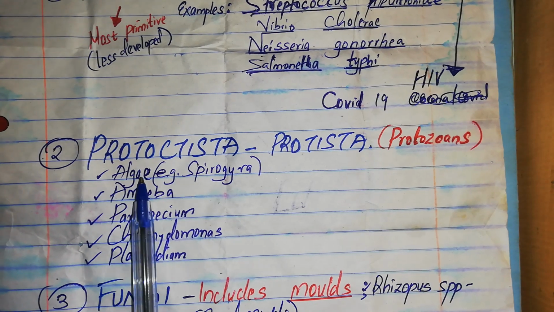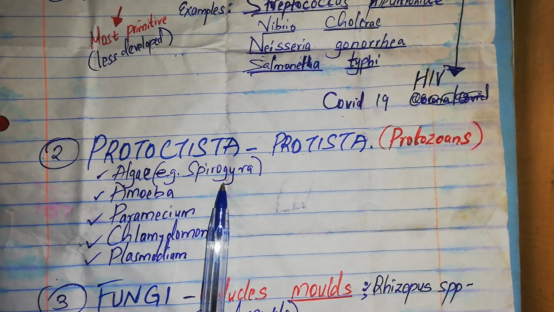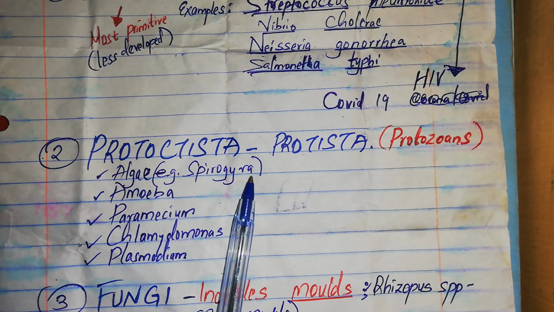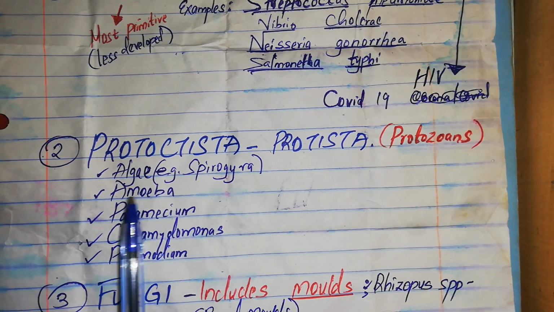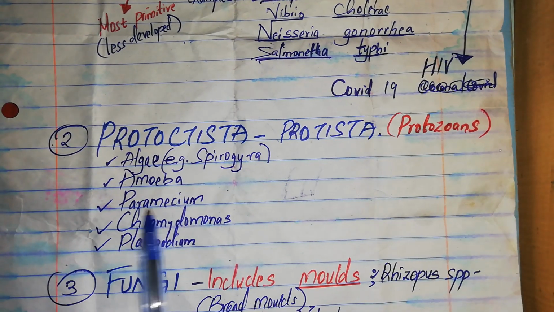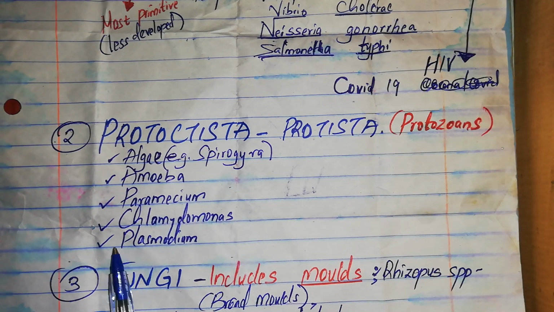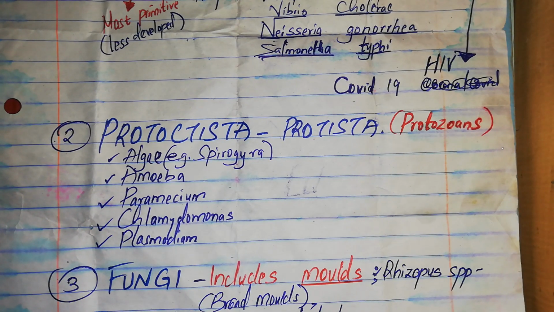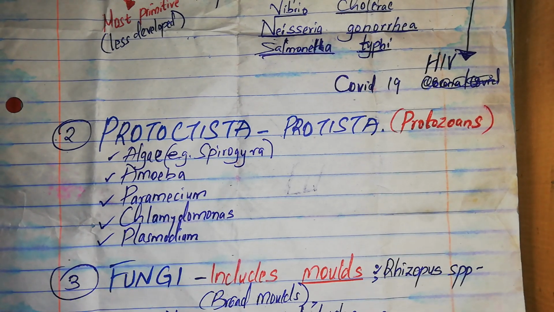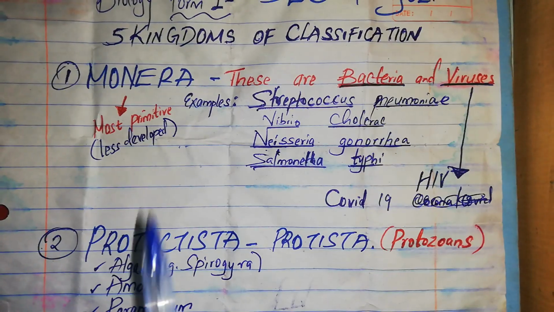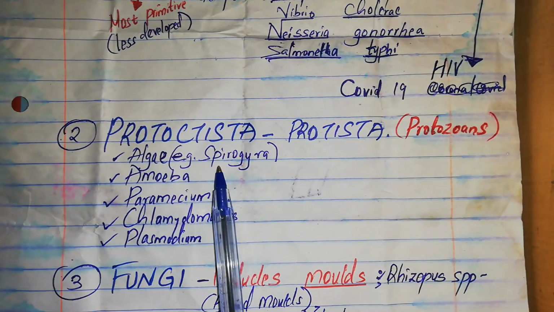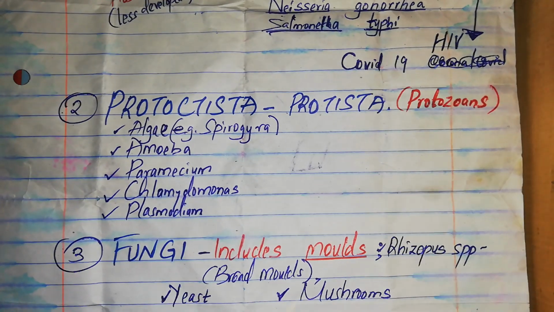We have the algae, an example of algae is Spirogyra. We have the amoeba, the paramecium, the chlamydomonas, plasmodium, and whatnot. This is classification 2. You will get it in Form 3, the first chapter, and you will see all these diagrams even in Form 1 classification. So Monera, number 2, Protista or Protoctista, protozoans.